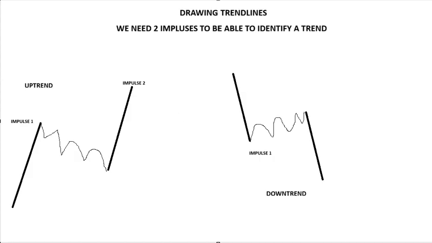So this is how we should connect our trend line. At the bottom of the first impulse and at the start of the second impulse. Okay? At the top and at the start of the second impulse. So basically what we do is we take a line or a bar and just draw it like that.